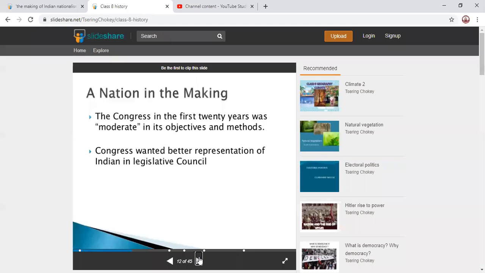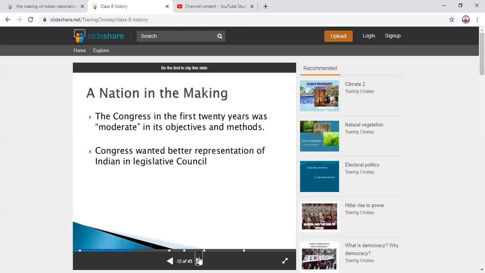In the beginning, the Congress was dominated by a group of leaders called the moderates. It was a time when the Congress had not split. All were following the ideology of moderates.